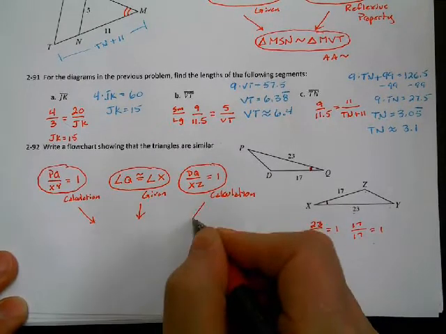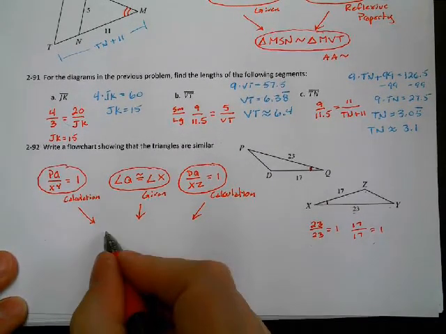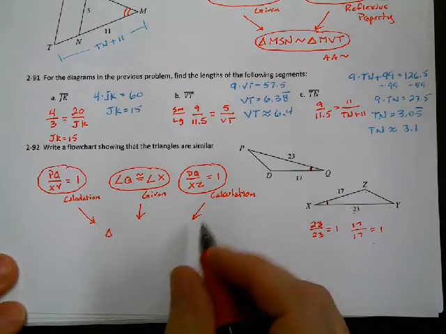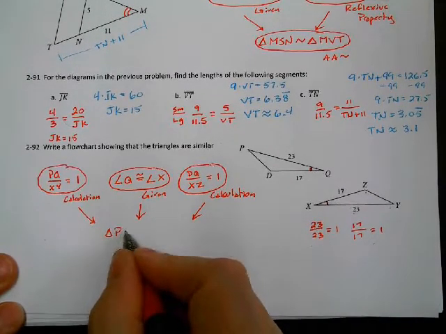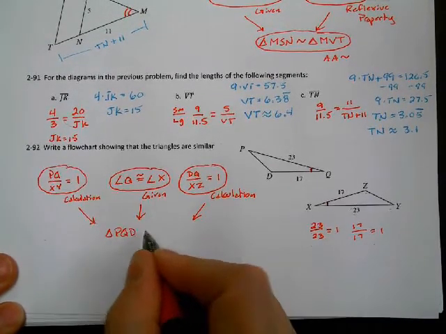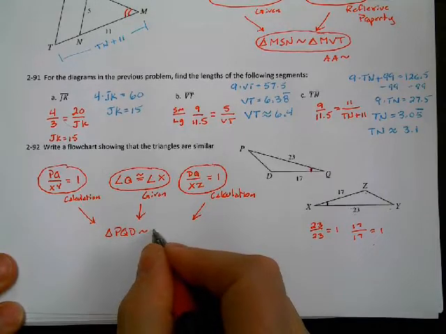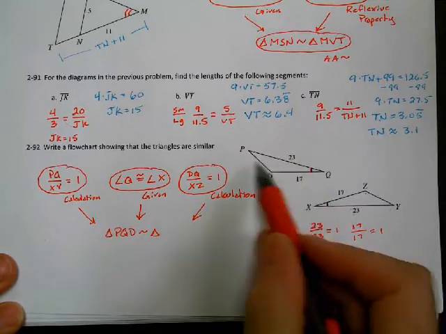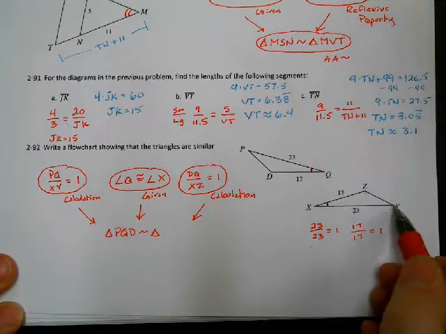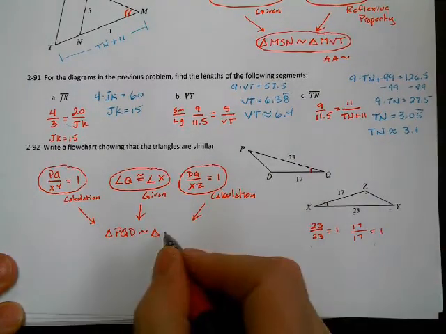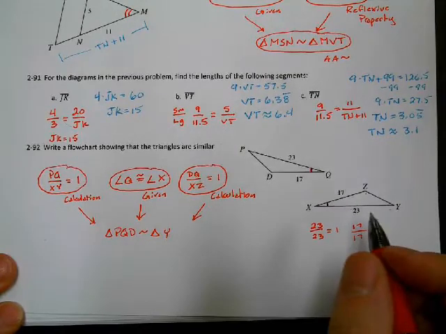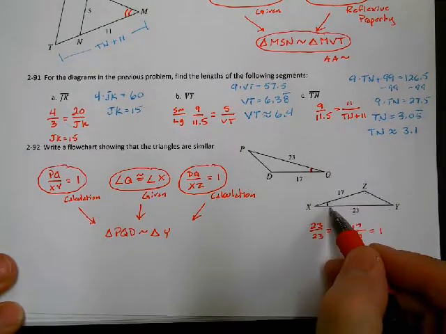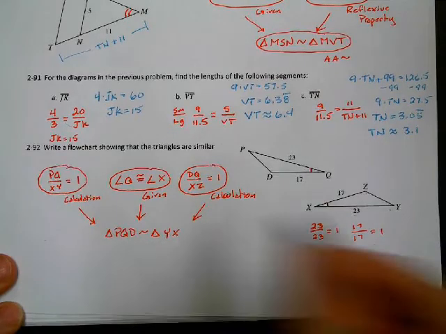So I might start with triangle PQD. That would be similar to triangle. Now P is between the 23 and the blank. So over here, Y is between 23 and blank. So P and Y go together. Then Q was marked and X is marked. So Q and X go together. And of course, the last one, D is between 17 and blank.